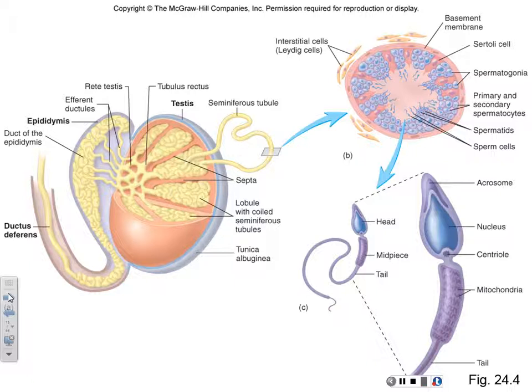So seminiferous tubules, tubulus rectus, then the rete testis, and then the efferent ductules. So sperm goes through those structures before it gets out into the epididymis. The epididymis has a head, body, and tail. See that? It's really kind of evident: head, body, and tail. And then that's the ductus deferens.